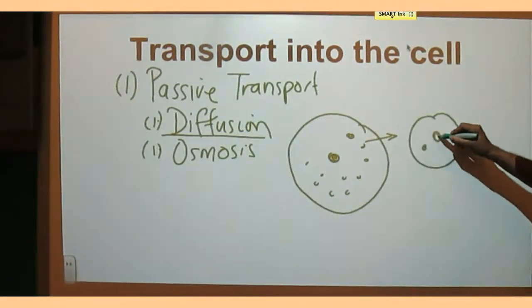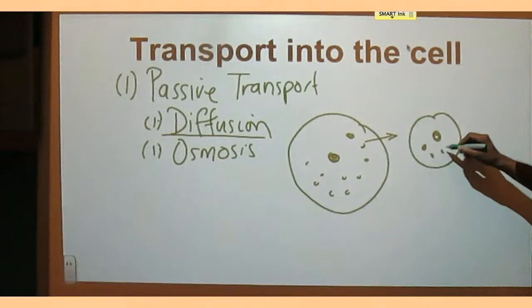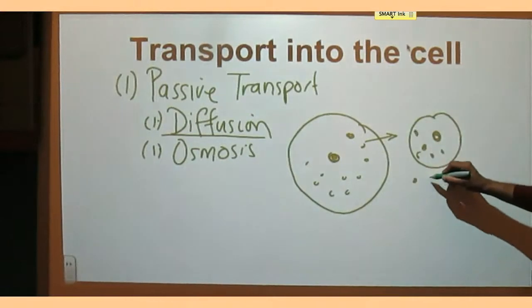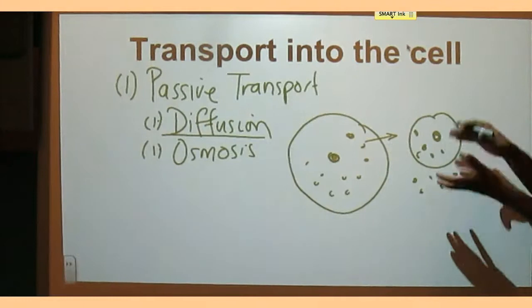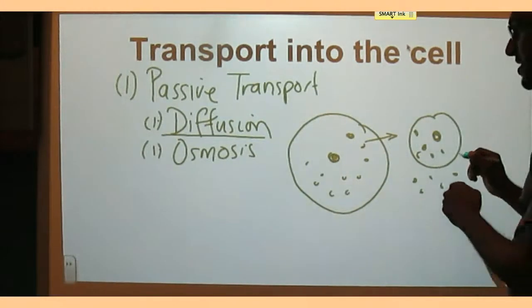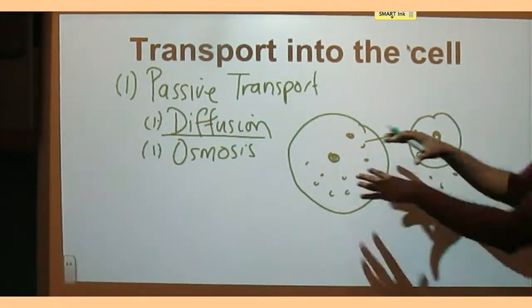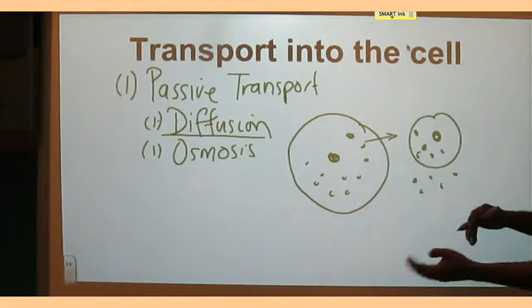If you have 1, 2, 3, 4, 5 inside, you'll have 1, 2, 3, 4, 5 outside. So it evens out. That is the whole purpose of diffusion. It's moving things from where there's a lot of them to where there is less.